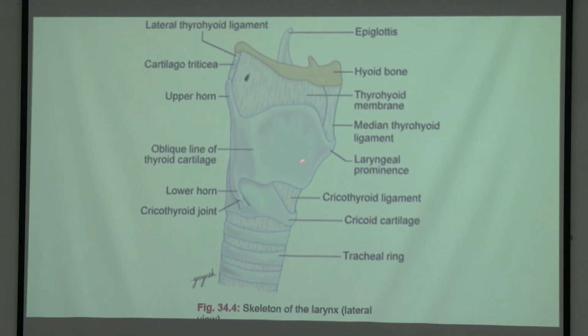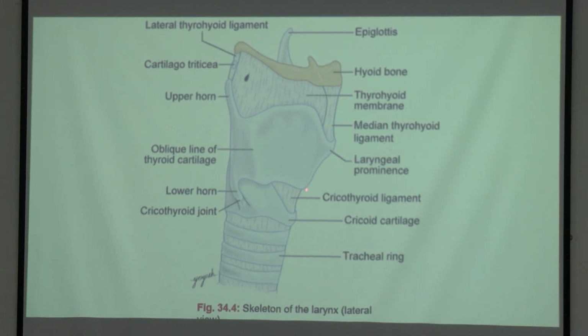So this is the picture by which we can find the thyroid cartilage. We can find this lamina, and there are superior and inferior horns. The inferior horn forms a joint with the cricoid cartilage. It's a synovial joint, the cricothyroid joint. Here we can get the cricothyroid membrane, and this is the thyroid membrane.